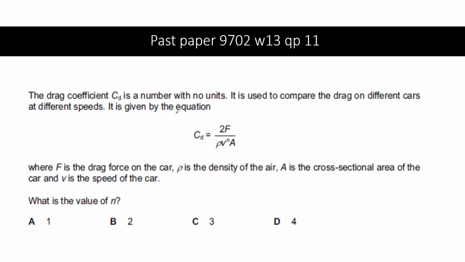It is given by the equation CD equals F divided by rho V to the power N A, where F is the drag force on the car, rho is the density of the air, A is the cross-sectional area of the car, and V is the speed of the car. Now, what is the value of N?